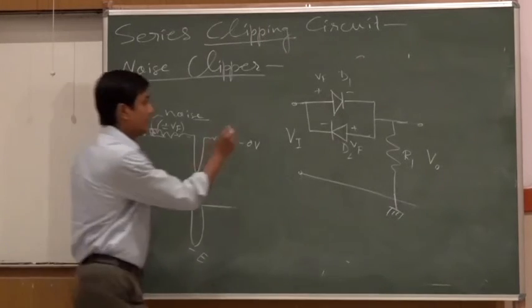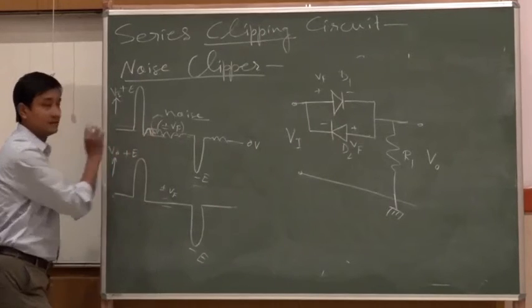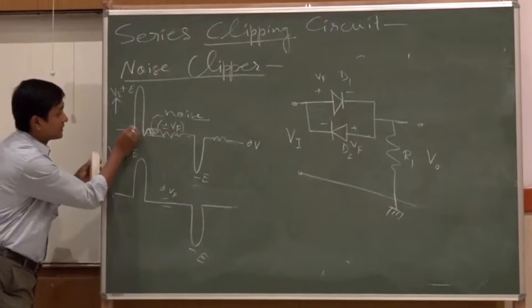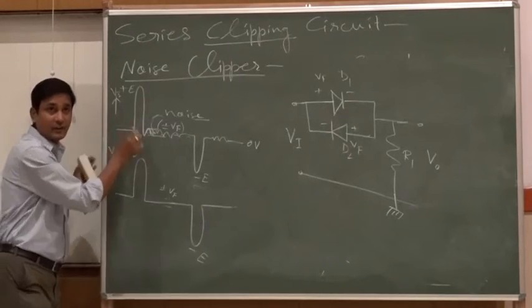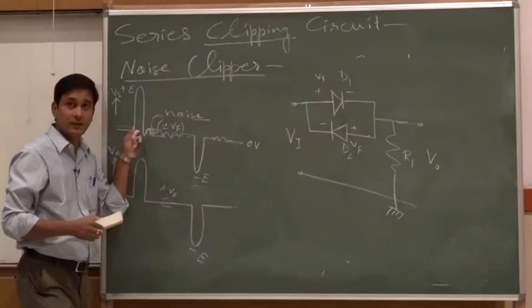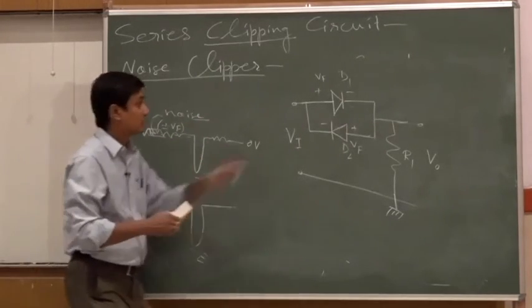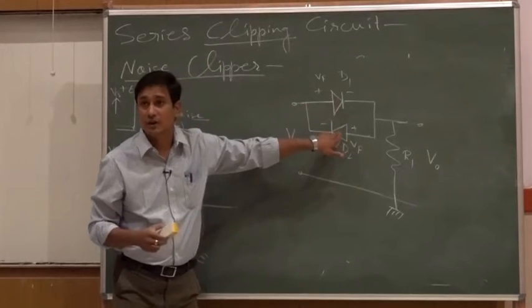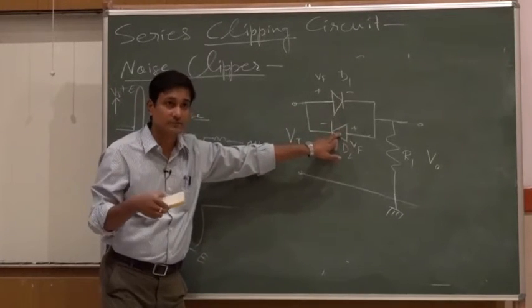What is it? If it is a positive peak, say the voltage has gone from 0 to this part, which is plus Vf, till it reaches plus Vf the output voltage will always be 0, because no diode is there to conduct the current due to that voltage.